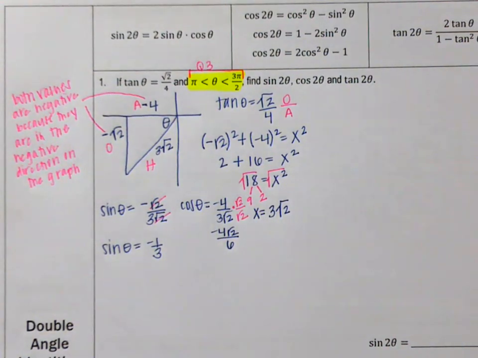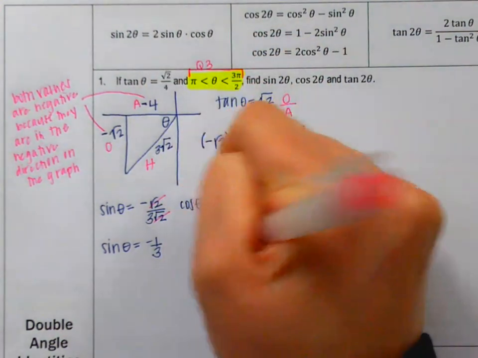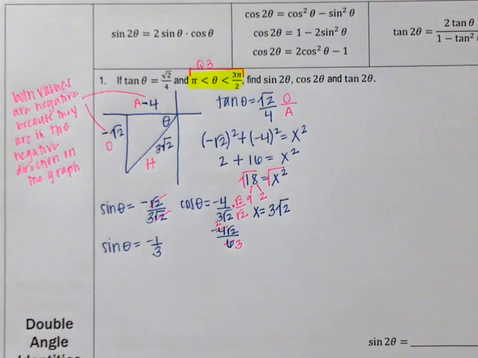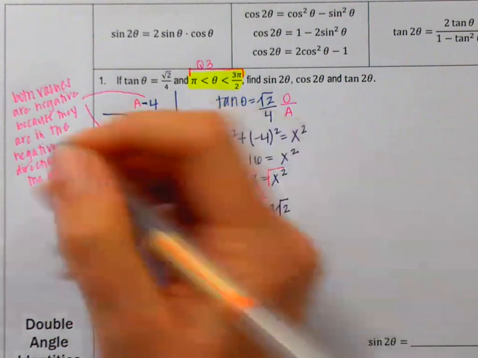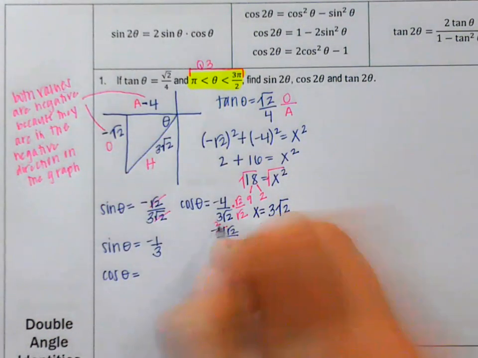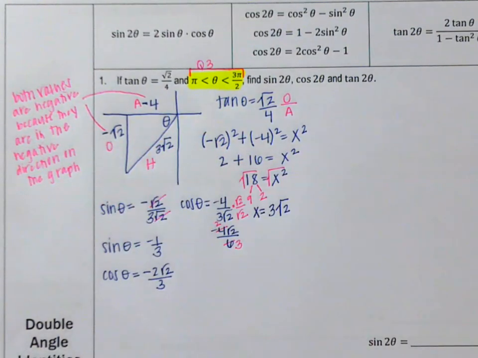Now I look to see, is there anything I can simplify there? I can. The 4 and the 6 are both divisible by 2, so I can simplify that to negative 2 on top and positive 3 on bottom. So now I have sine theta, and cosine theta is equal to negative 2 rad 2 over 3.